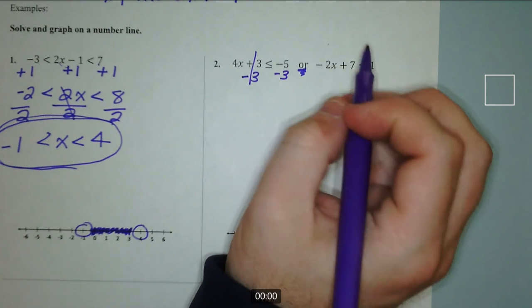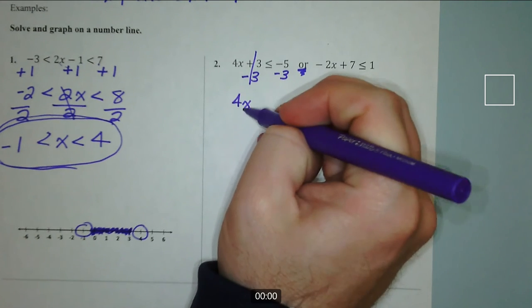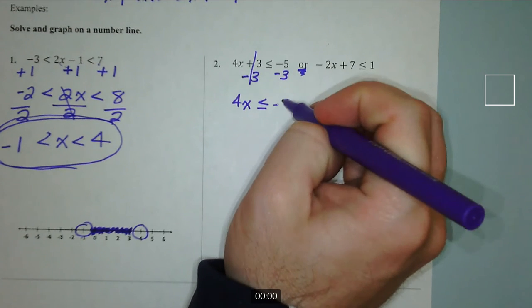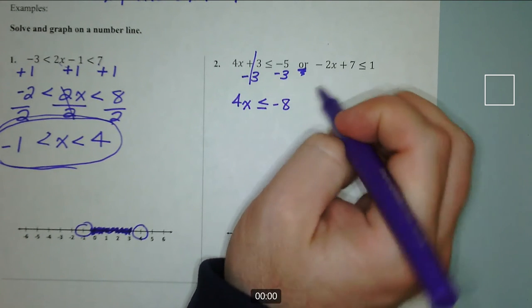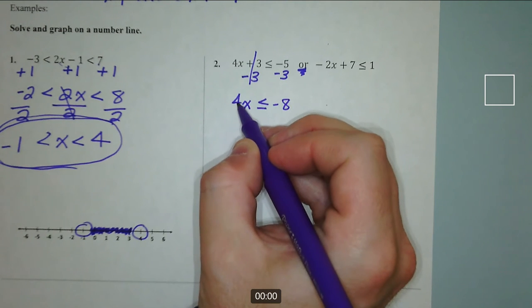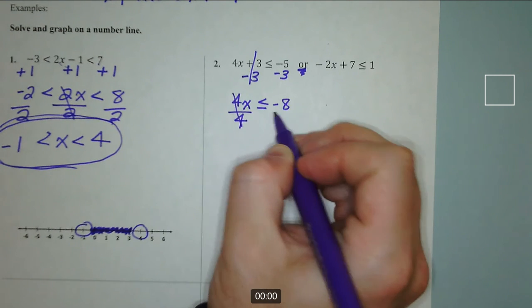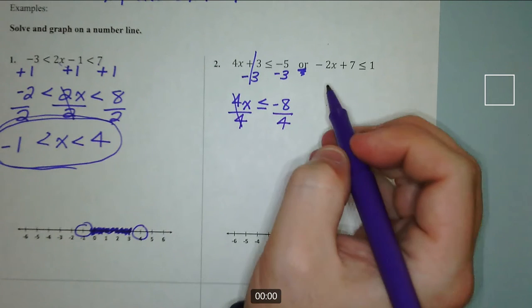We get rid of that adding of 3 by subtracting 3. So negative 5 minus 3 is going to be negative 8. Now we cancel out the 4. But since this says 4 times x, now we divide both sides by 4.